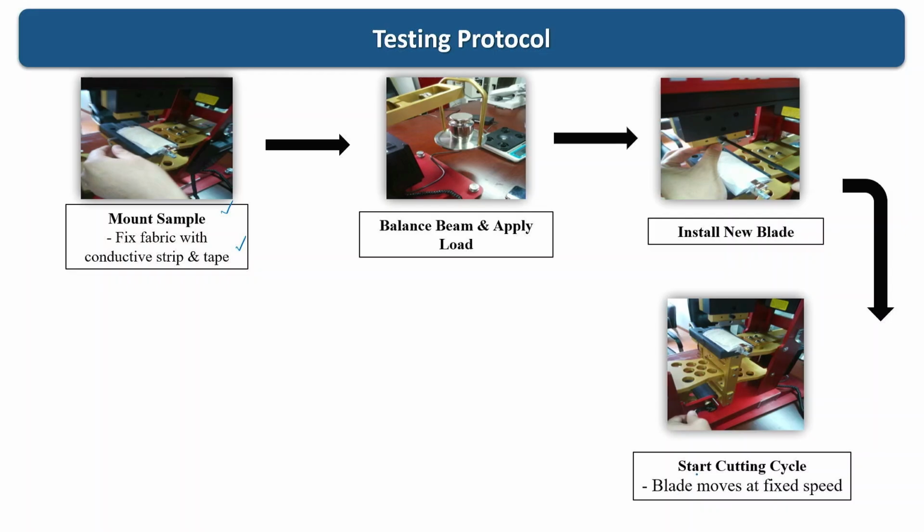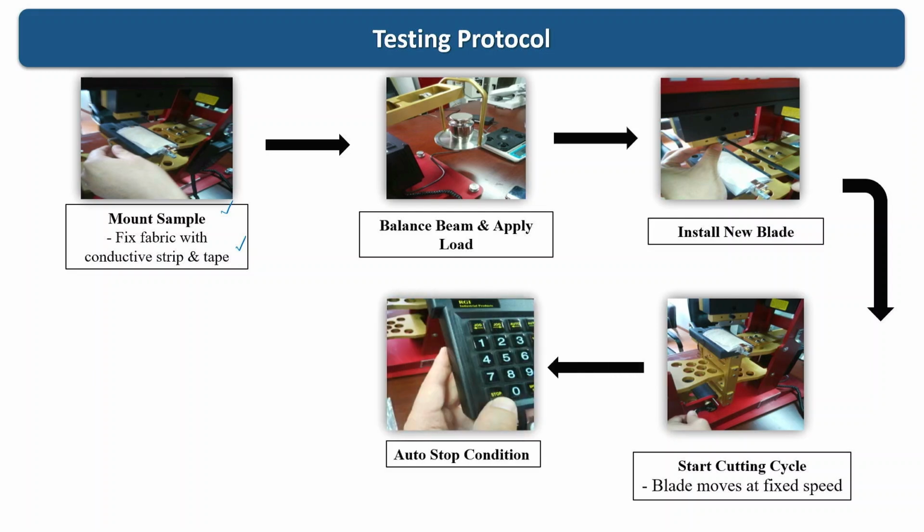The blade moves at a fixed speed, the speed we have already mentioned. Then the auto stop condition we have initiated here. As soon as there is a cut, the instrument will stop without further movement, and the movement is recorded.